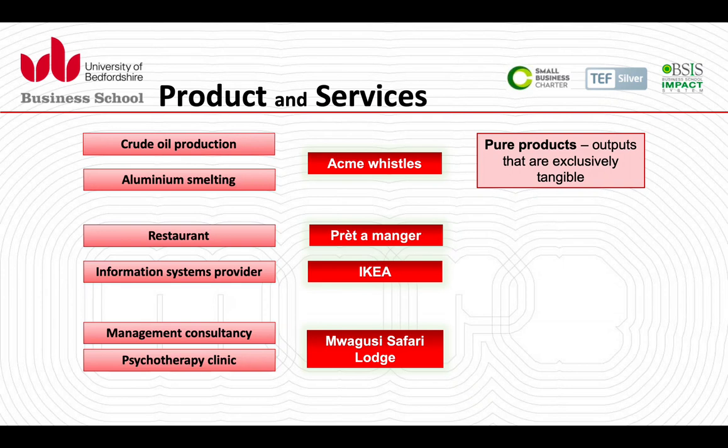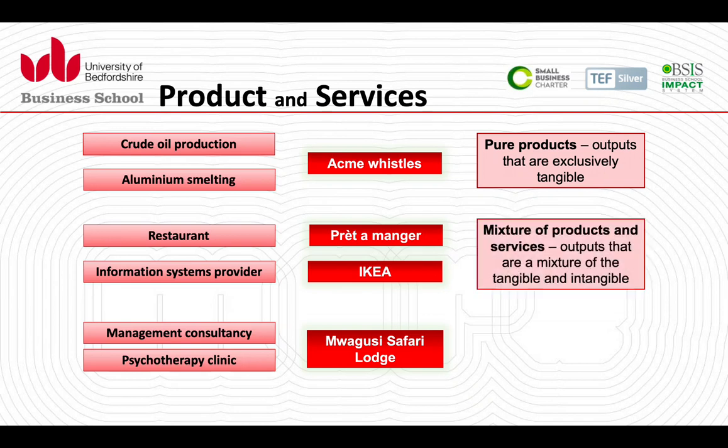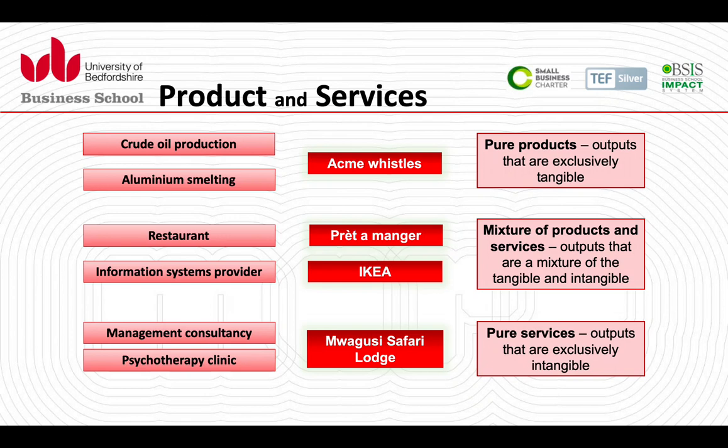So then when talk about the Preda Manga, for example, is a restaurant comes as a part of the business, and they have the information system provider, a management consultancy, and the psychotherapy clinic. So we use, for example, the different range of product in consultancy. So we can see here that the pure product is coming from the crude oil or the aluminium when they are using a manufacturing plant. So there's a pure product as an outcome that are exclusively tangible.